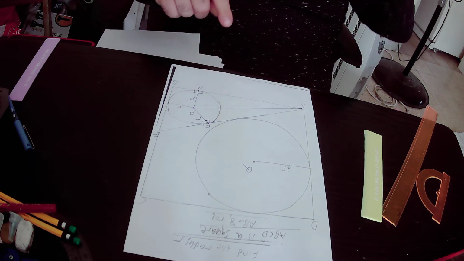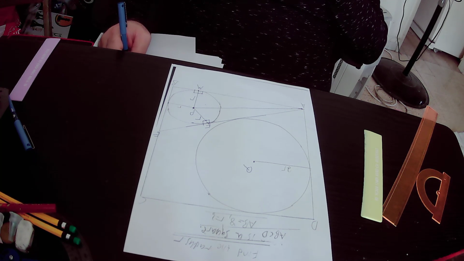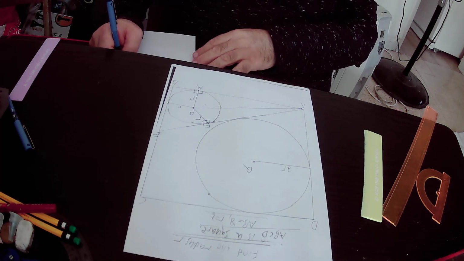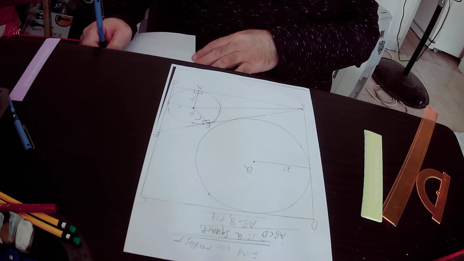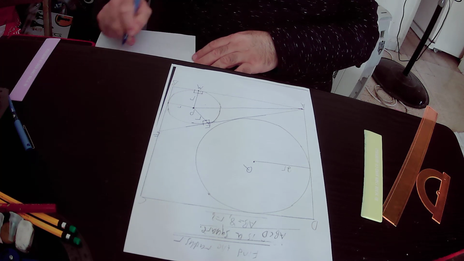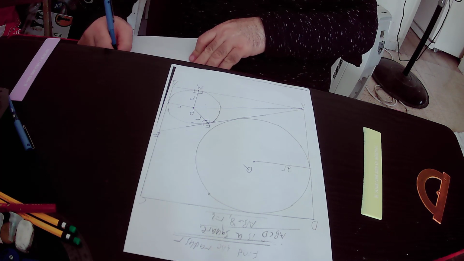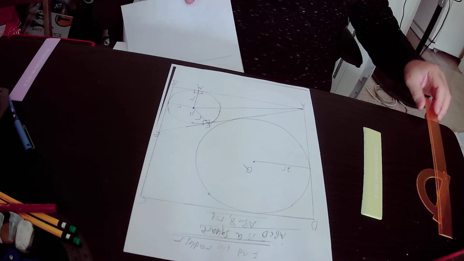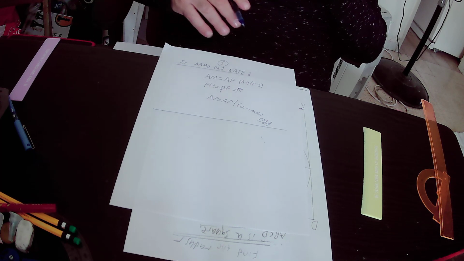Side AP is a common side that belongs to both triangles. So AP equals AP.